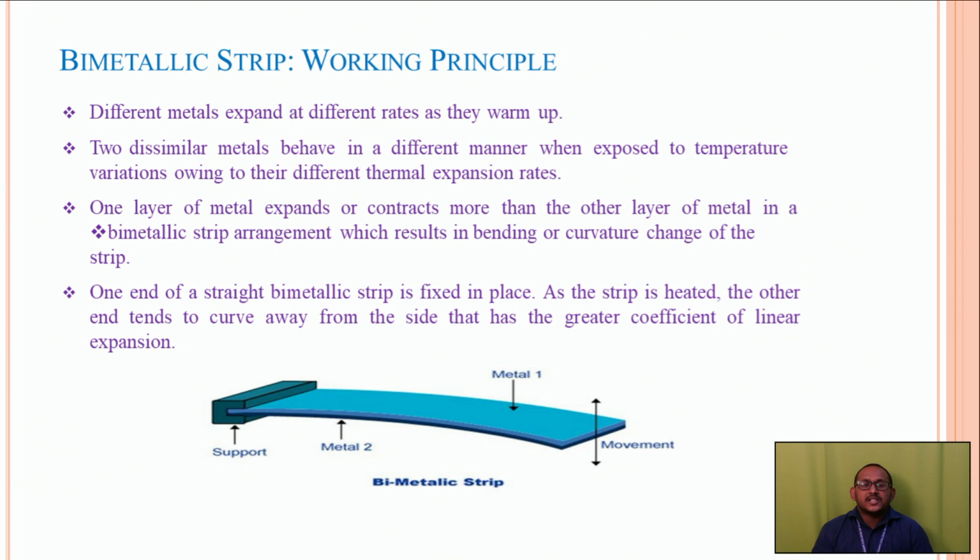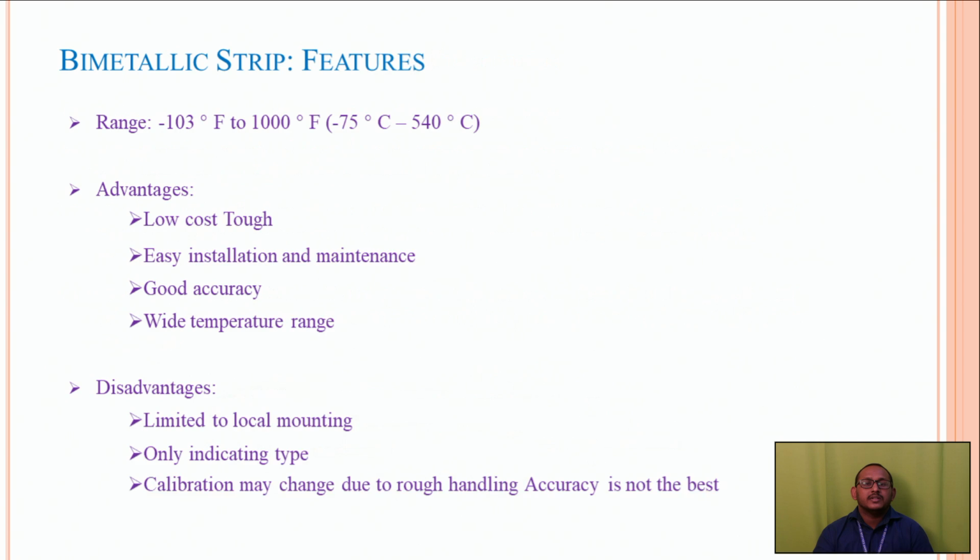One layer of metal will expand or contract more than the other layer. One end of the straight bimetallic strip is fixed in place, and as the strip is heated the other end tends to curve away from the side, since the greater coefficient of linear expansion comes into play, so as to indicate the increase of temperature on the scale.